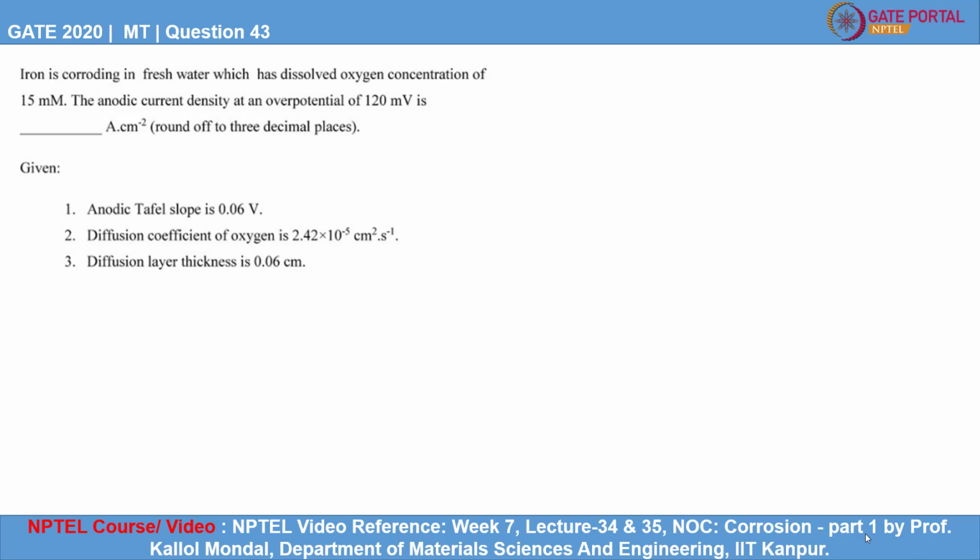The diffusion coefficient of oxygen is 2.42 into 10 raised to power minus 5 centimeter square per second. The diffusion layer thickness is 0.06 centimeter.